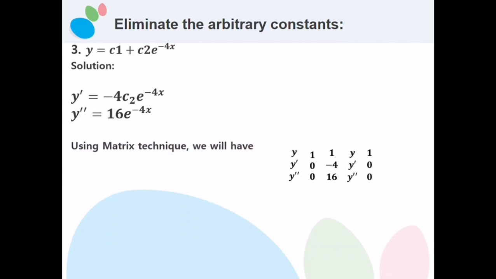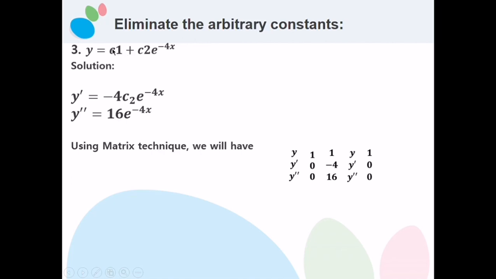It's simple. Using the matrix technique, we will have y, y prime, copy y double prime, and then the c sub 1.